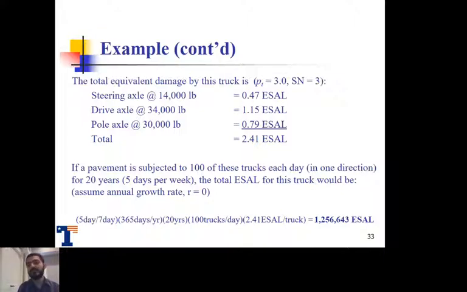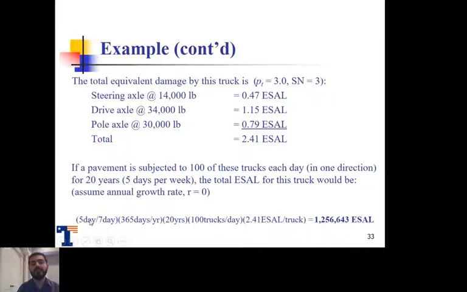If a pavement is subjected to 100 of these trucks each day in one direction for 20 years, at 5 days a week, let's say, the total ESALs would be 1.25 million. Where did we get this from?